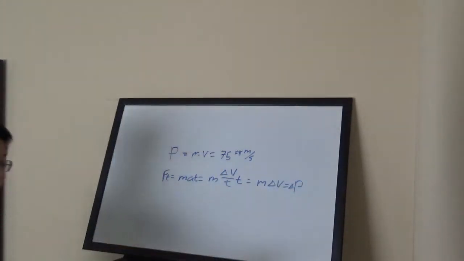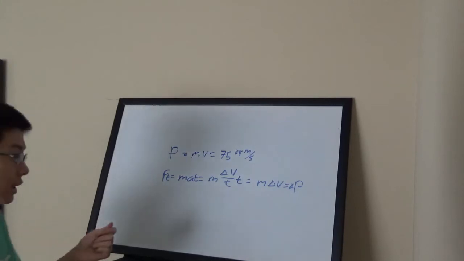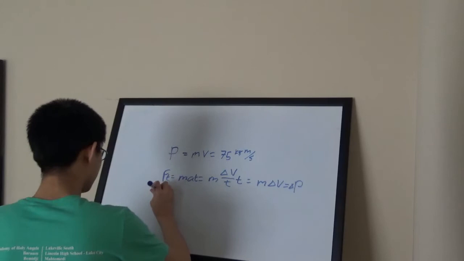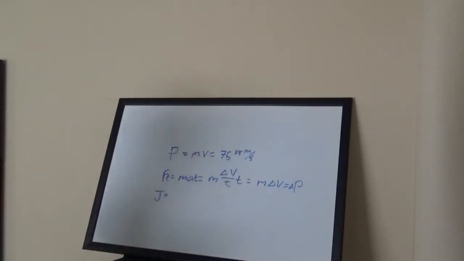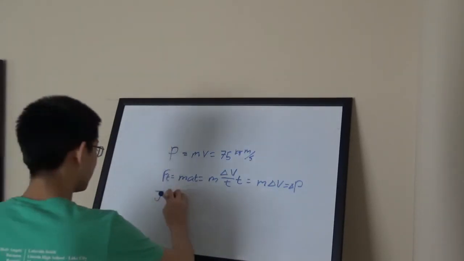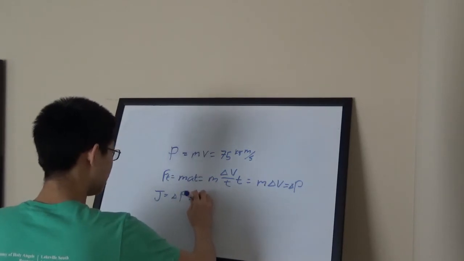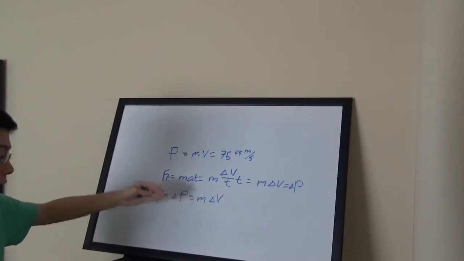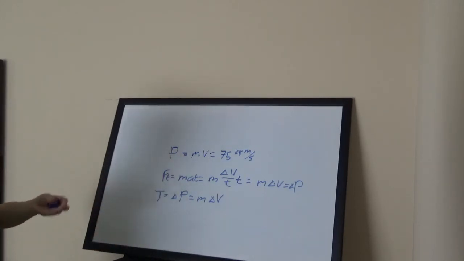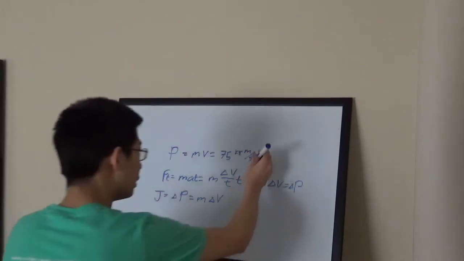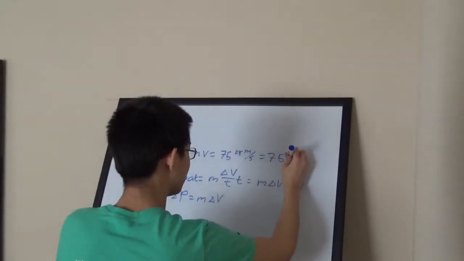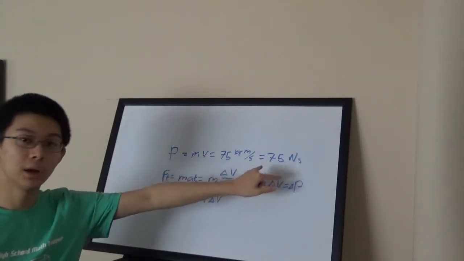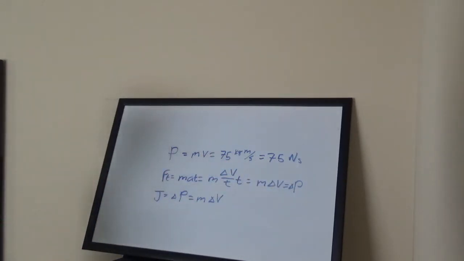Since change in momentum comes up here, physicists have defined a specific thing to mean change in momentum, and that's called impulse, represented as a capital J. So my J is equal to my change in momentum, which is equal to m delta v. The units for J are the same as units for momentum, kilogram meters per second, or, as we now know, we can also write this as newton seconds, because basic unit analysis shows these two give the same units.